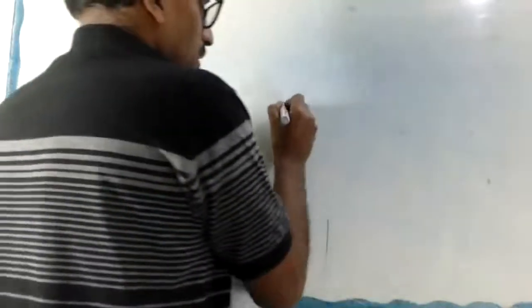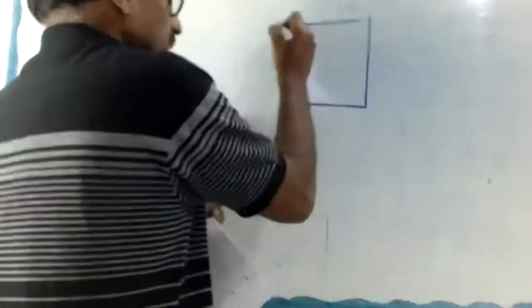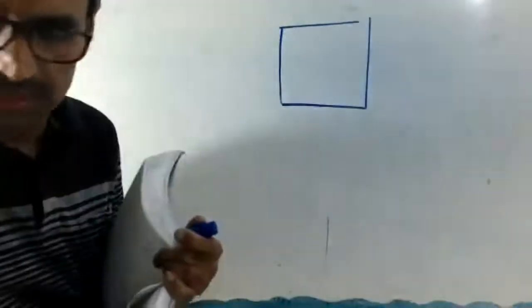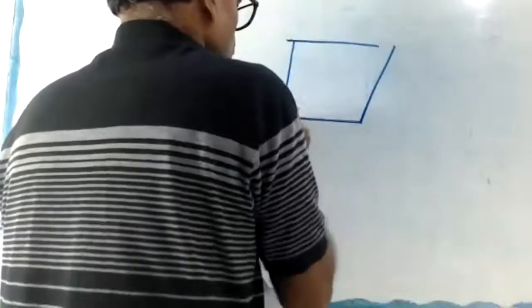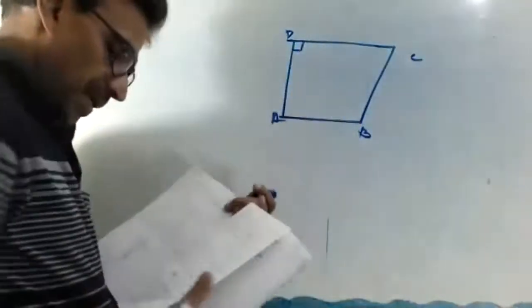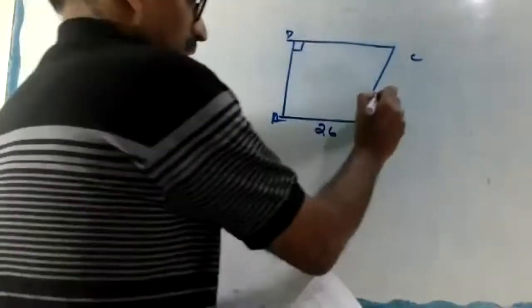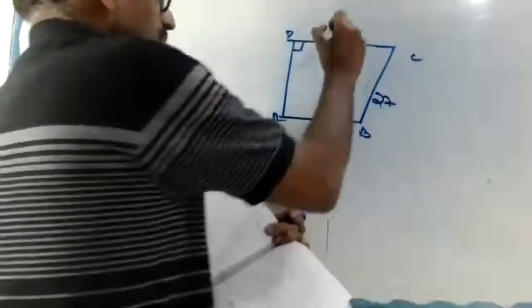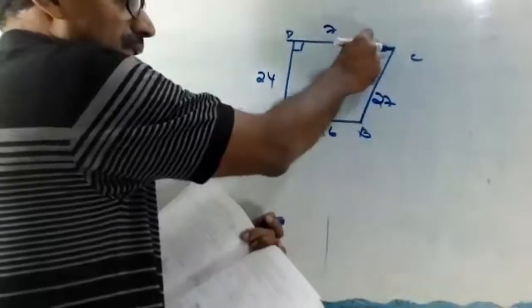We make a quadrilateral, but careful, the last two sides make a right angle. You can make any order. Only the last two sides matter. A, B, C, D. This angle is 90 degrees. AB is 26, then 27, then 7, then 24. Side 1, side 2, side 3, side 4.